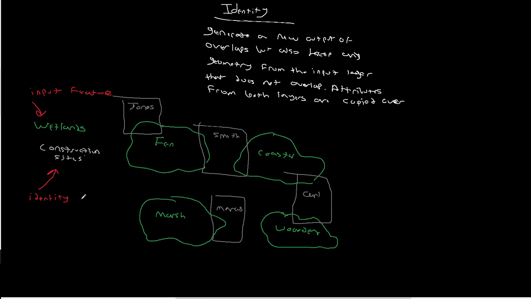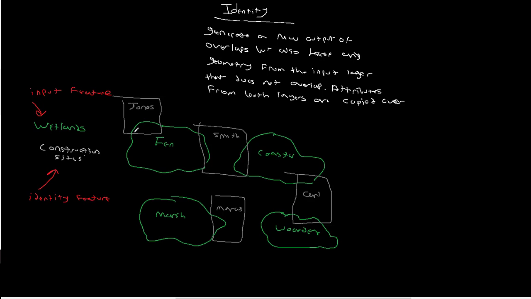This is an important distinction because it means that for the input feature, all of the geometry is going to be kept, along with the places where the construction sites overlap it. Okay?